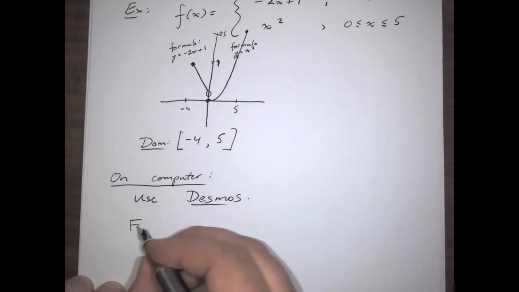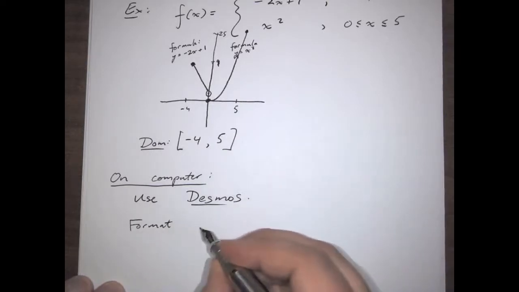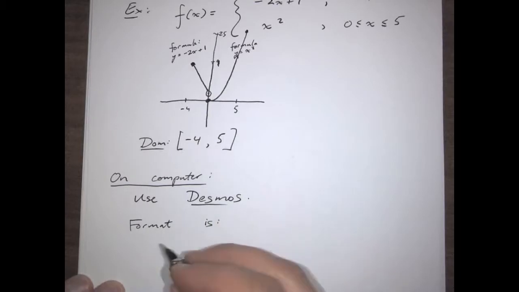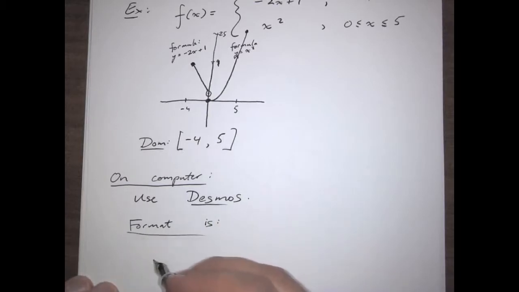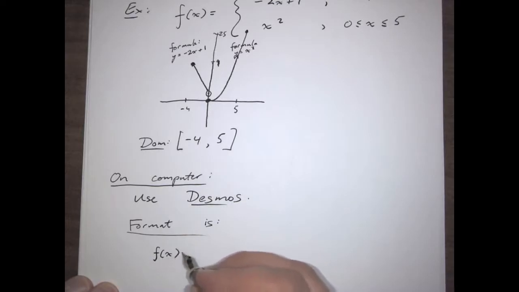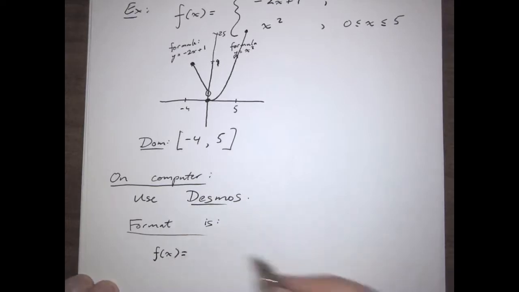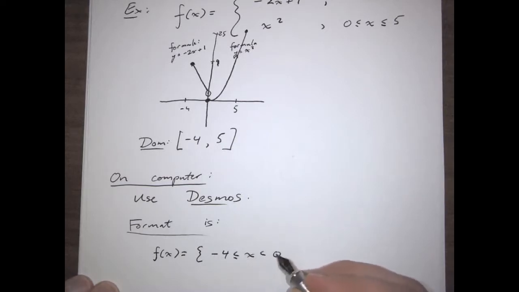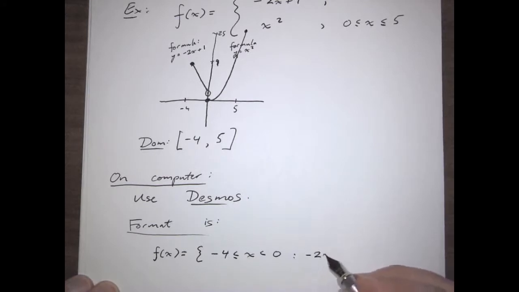The format is, you type f of x equals, then the squiggly bracket, and then negative 4 less than or equal to x less than 0, colon, negative 2x plus 1, and then a comma.